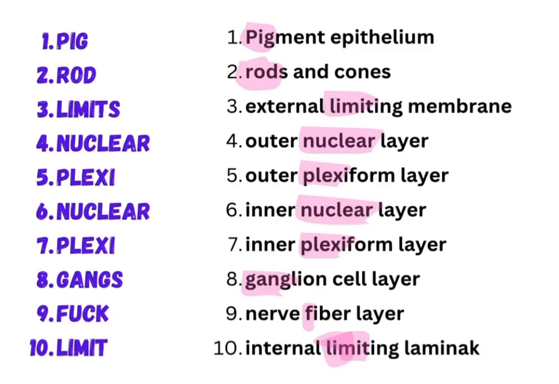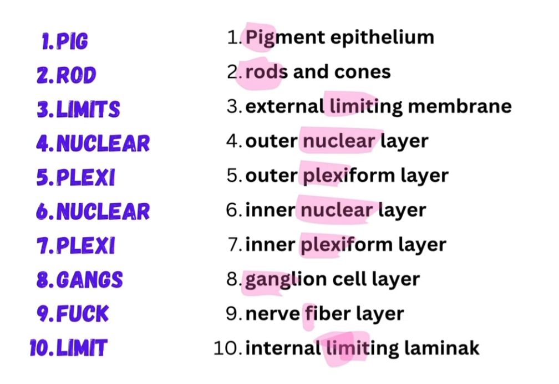Now going into further detail, the pig stands for the pigmented layer, the rod stands for rods and cones, which is the photoreceptor layer. Then we have the limiting membrane, specifically the external limiting membrane. We'll get to the external and inner, all of that later. Then we have the nuclear plexiform layers. The nuclear comes first, then we have plexiform, then we have nuclear, and then we have plexiform layer.